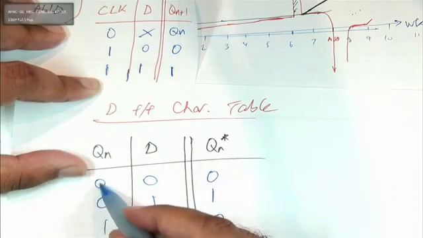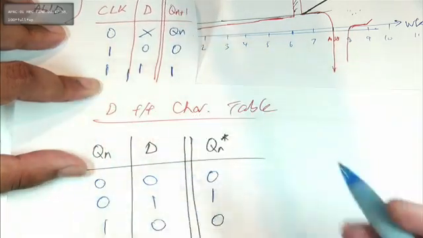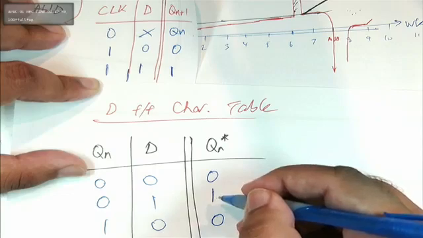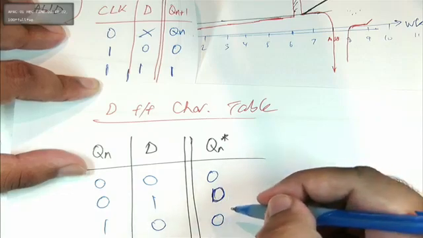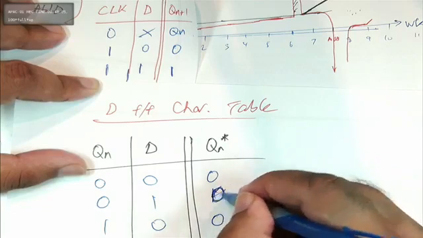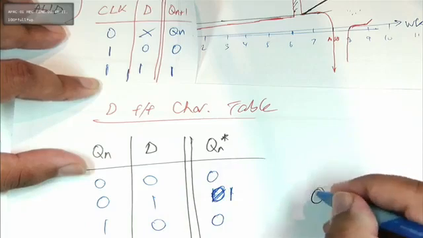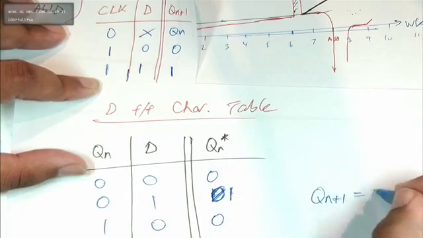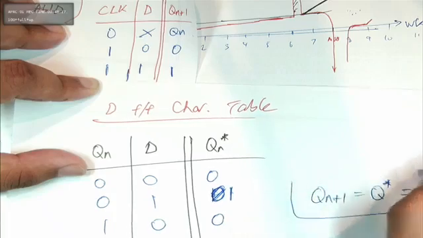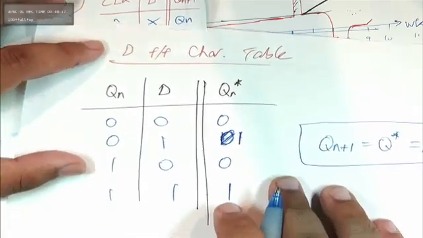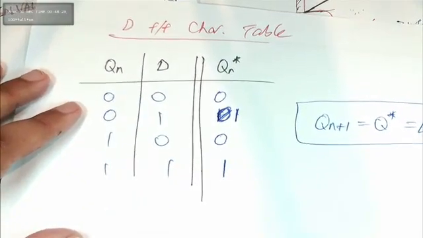Oh, sorry guys, I think that's supposed to be a 0. Sorry, yeah, that's a 1 and that's a 1. So in the end we say Qn plus 1, which is equal to Q star, is equal to D. So that's your characteristic table. Okay?